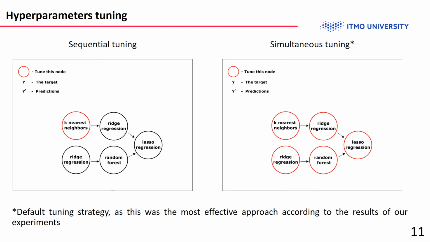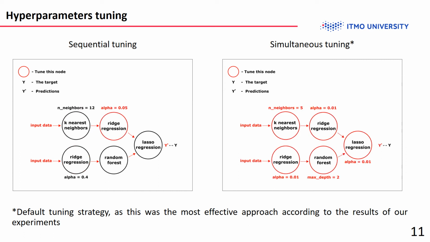The next step is hyperparameter tuning. There are different ways to do it once we have a pipeline structure, and the most efficient way was simultaneous tuning, because then we change all hyperparameters in all nodes at the same time.